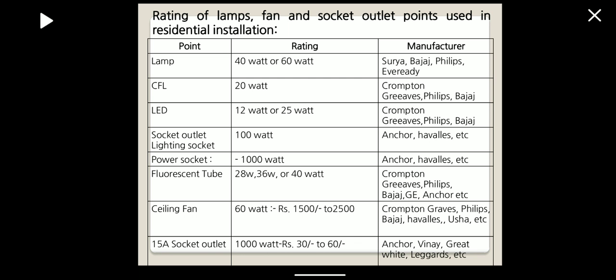Anchor, Havells, etc. are the manufacturers. Then the fluorescent tube is available in 28 watt, 36 watt or 40 watt, and the manufacturers are Crompton Greaves, Philips, Bajaj, GE, Anchor, etc. A ceiling fan has a 60 watt capacity, and its price is 1500 to 2500.